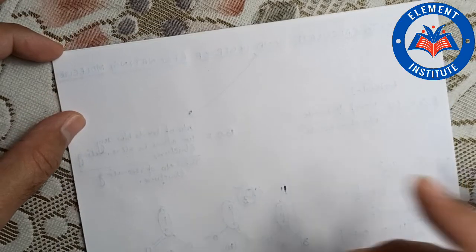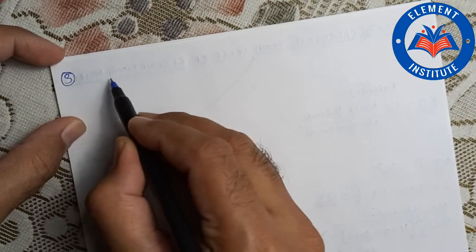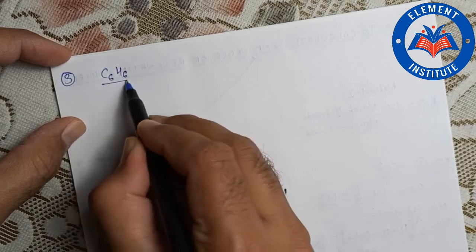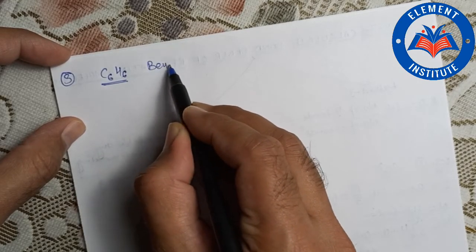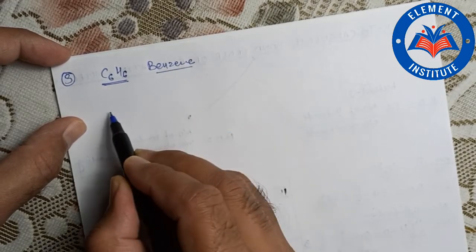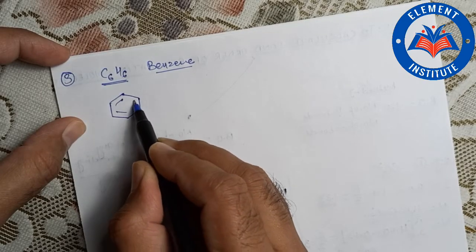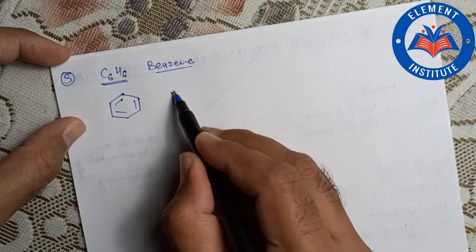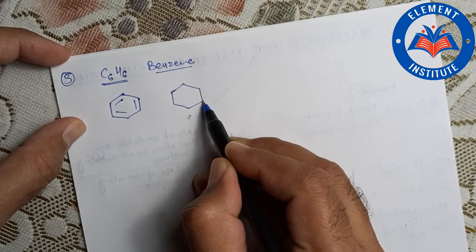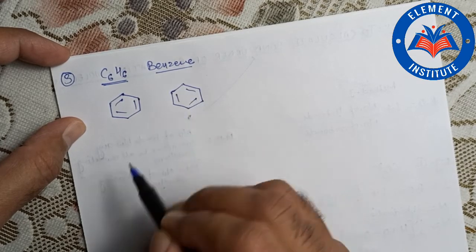Let us take one more example, which is very simple. C6H6, that is benzene. So the structure of benzene is this, and its resonating structure is like this.